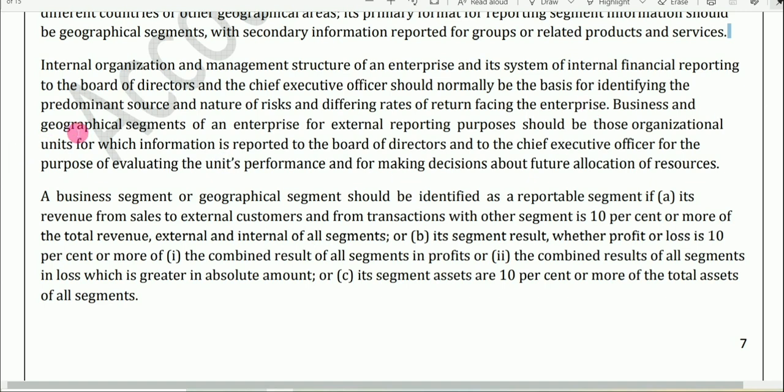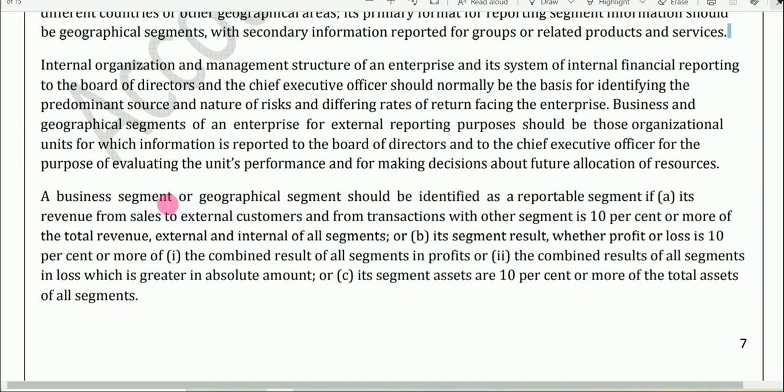Business and geographical segments of an enterprise for external reporting purposes should be those organizational units for which information is reported to the board of directors and to the chief executive officer for the purpose of evaluating the unit's performance and for making decisions about future allocation of resources.